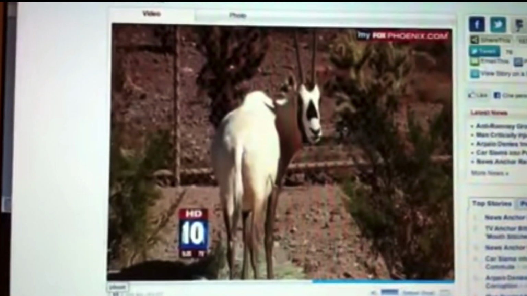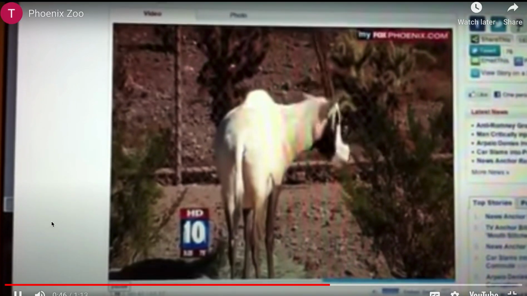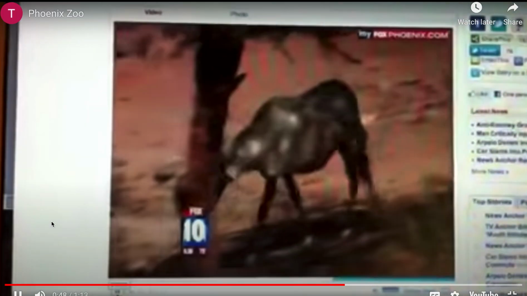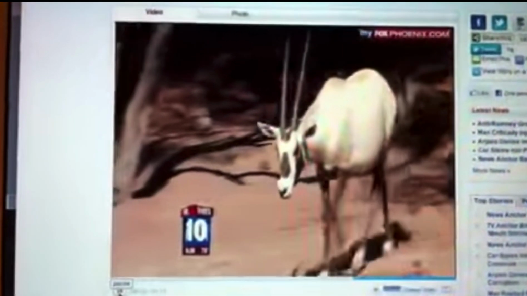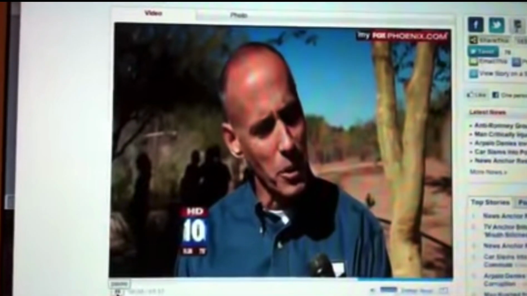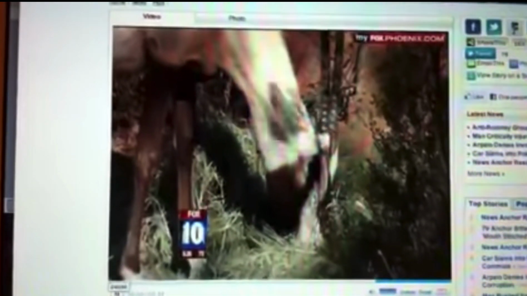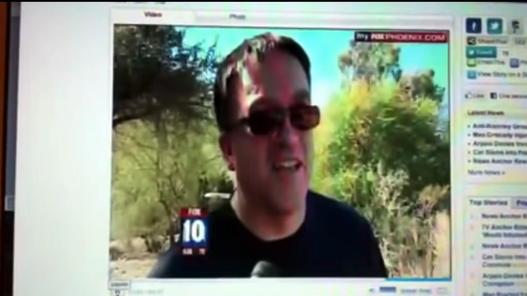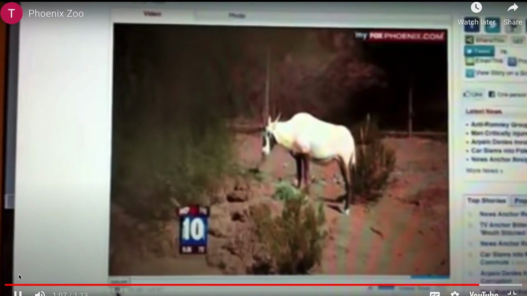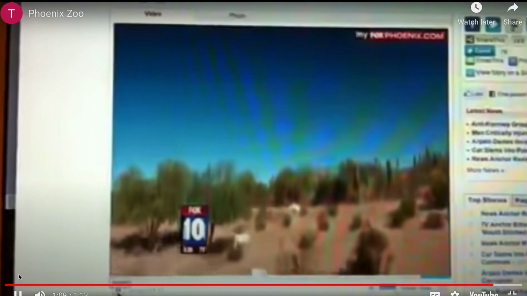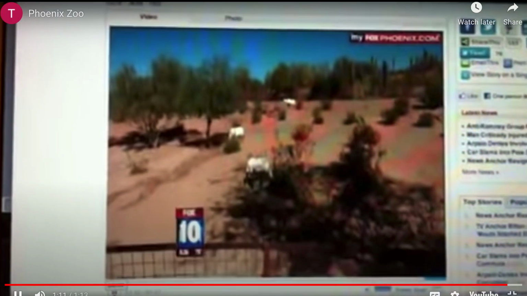Many of the babies went to other zoos, wildlife preserves, and back to the Middle East. Dan Sabatis and a team of zoo vets went to Jordan to see how they were doing. Oh, we found a lot of fat and happy oryx over there. There are now more than 6,000 of the animals in the world, and that's good news. I think that's excellent that zoos like this can play a role in preservation of animals. The species survival plan benefits everyone, not just the Phoenix Zoo. Diane Ryan, Fox 10 News.